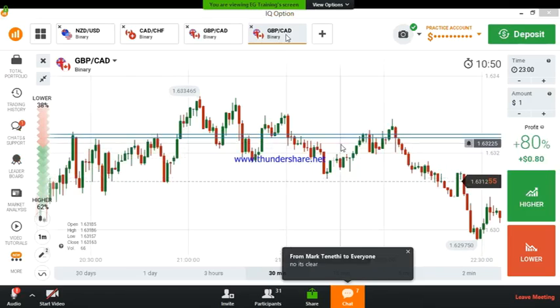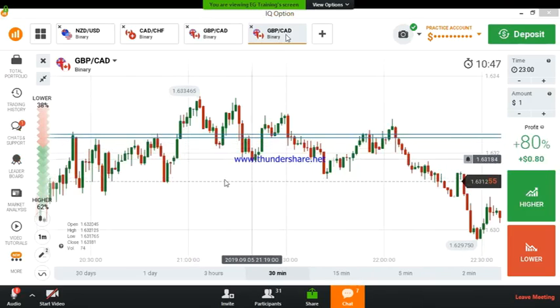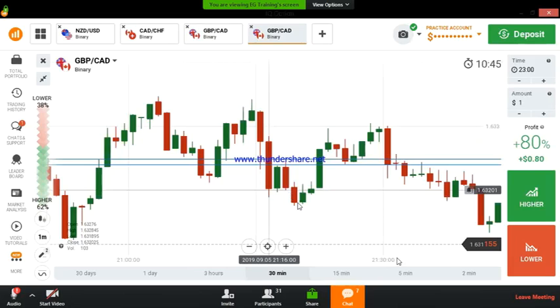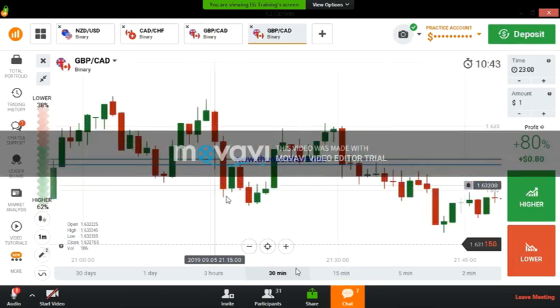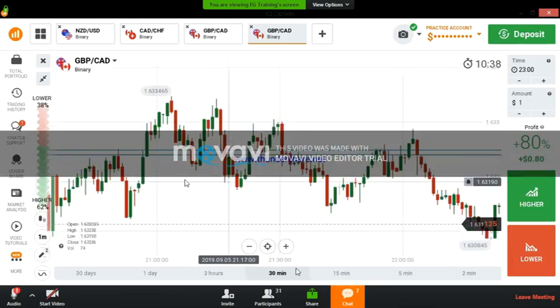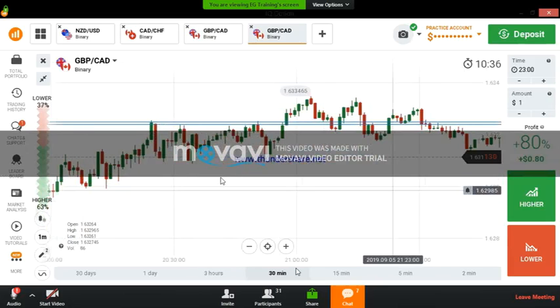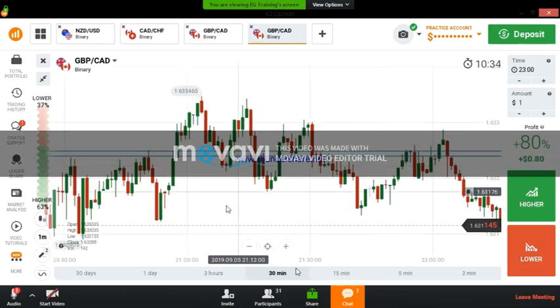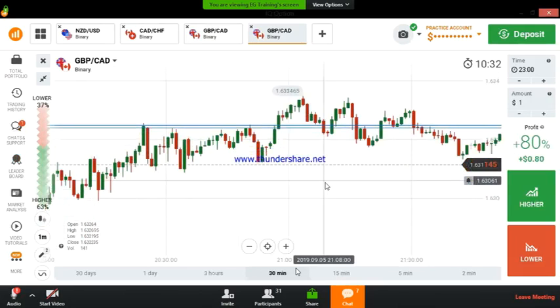We can't trust this level and this level. You can see it breaks this level, it breaks this level. Sometimes it will break, sometimes after a breakout it will reverse, sometimes it doesn't respect. But at the strong levels, we can expect a reversal. If the market is at the strong levels, it means there is a chance of the market reversing.